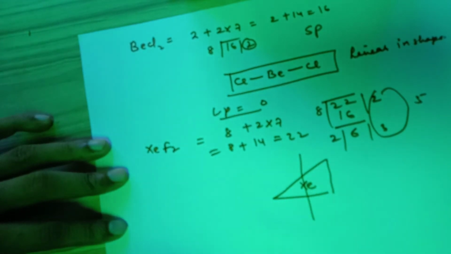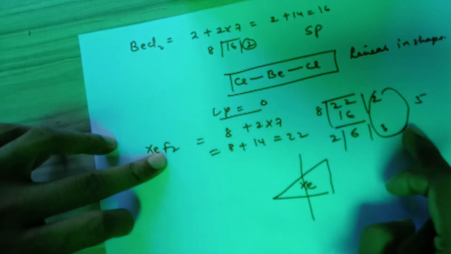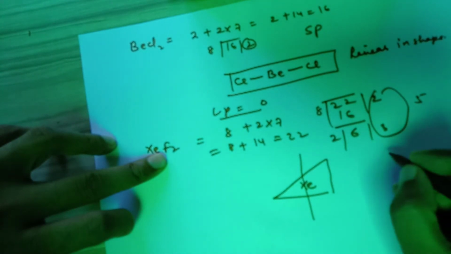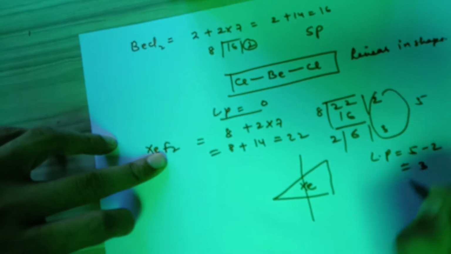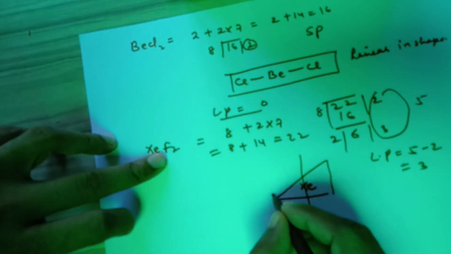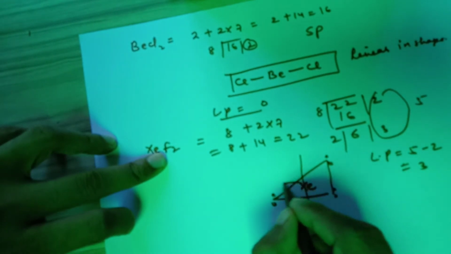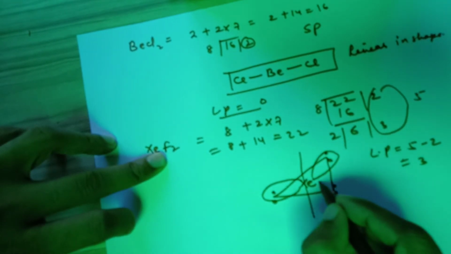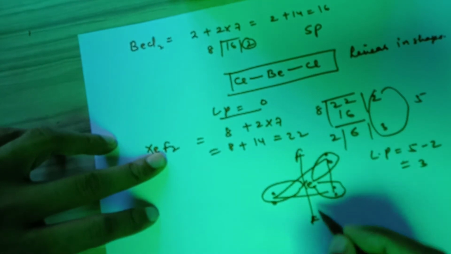Here it is xenon. To xenon there are 2 fluorines attached, but the total number of bonds is 5. So lone pairs will be 5 minus 2, that is 3 lone pairs. Now 3 lone pairs will be here and 2 bond pairs will be here.